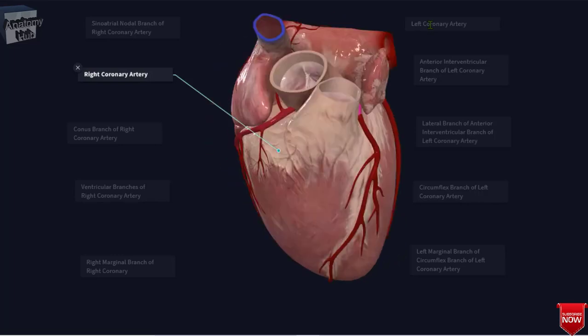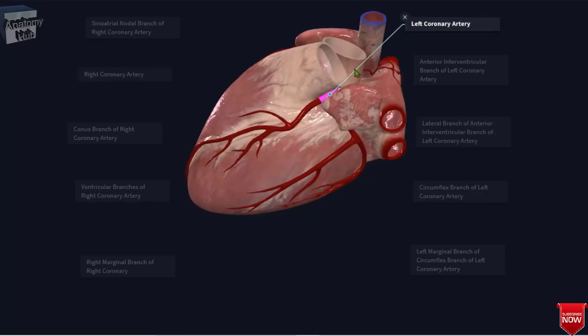The left coronary artery, or the LCA, initially branches to yield the left anterior descending artery, or the LAD, also called the anterior interventricular artery.